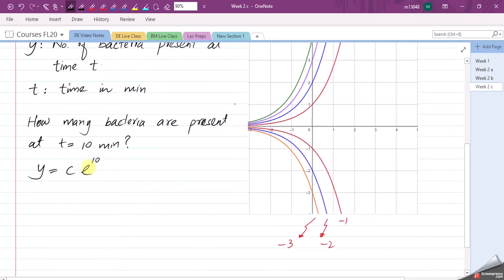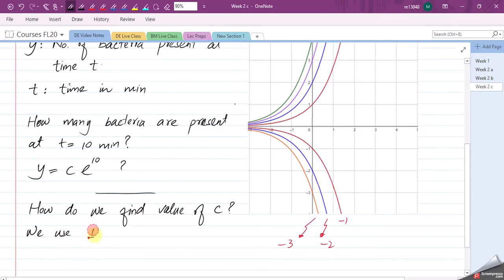But what is c? We do not know what is c so far. How do we find c? We use initial conditions to find value of c.